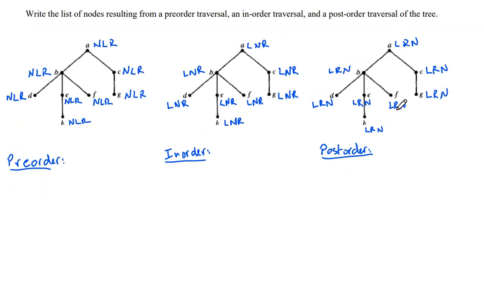So for the pre-order, what we're going to do is copy the node A, go left, copy B and go left, copy D, and then go back to B, and it says go right. Okay, there are 2 rights, so we go to the first right, and then it says copy the node, which is E, and then go left, but this one we don't know which one is left.